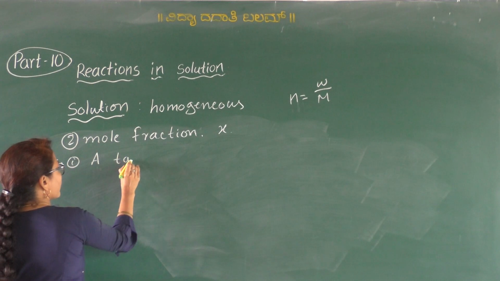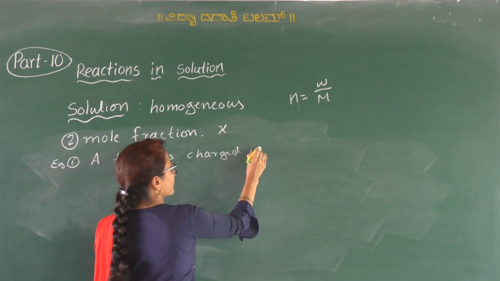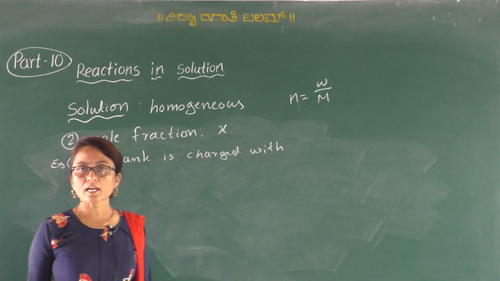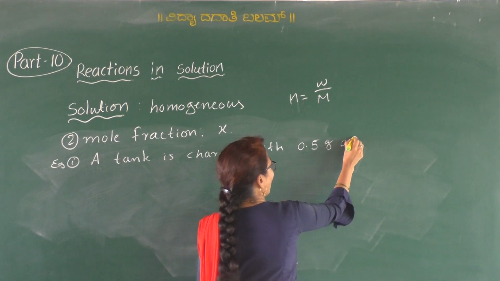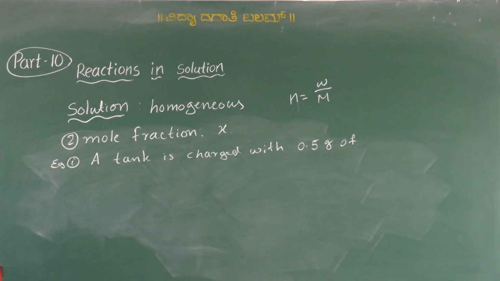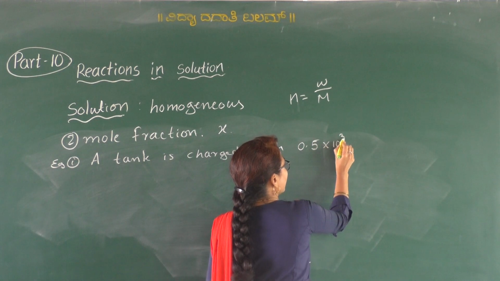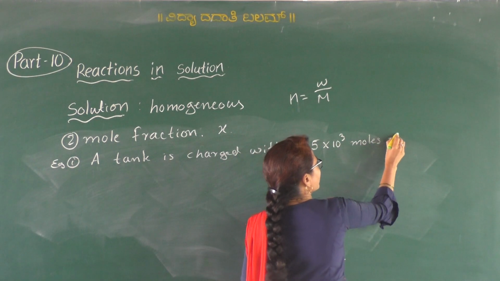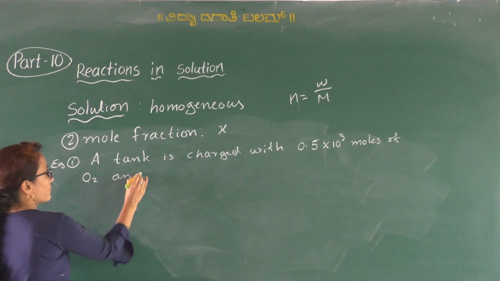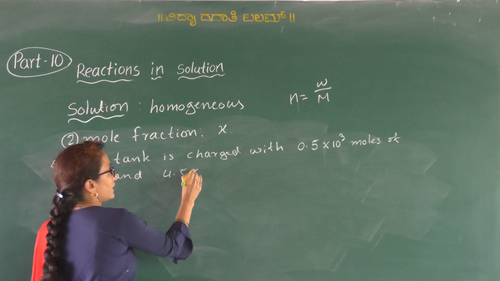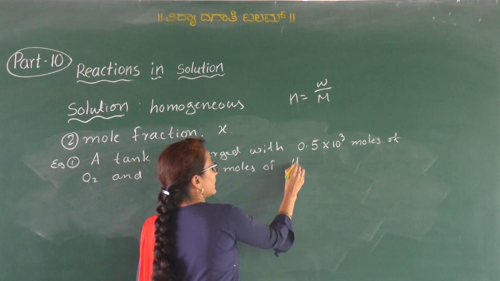A tank is charged with 0.5 into 10 to the power 3 moles of oxygen and 4.5 into 10 to the power of 3 moles of helium.